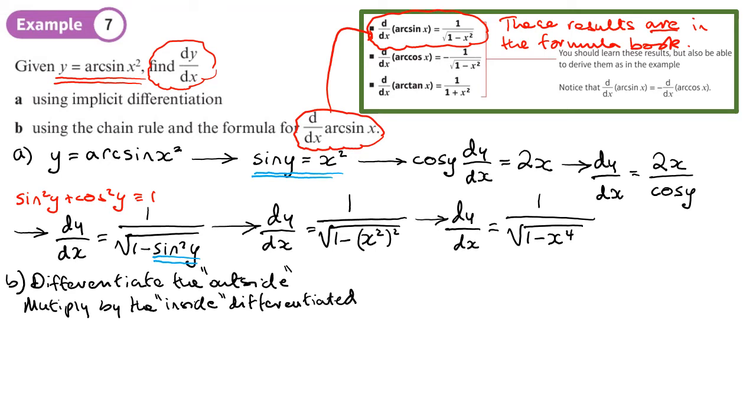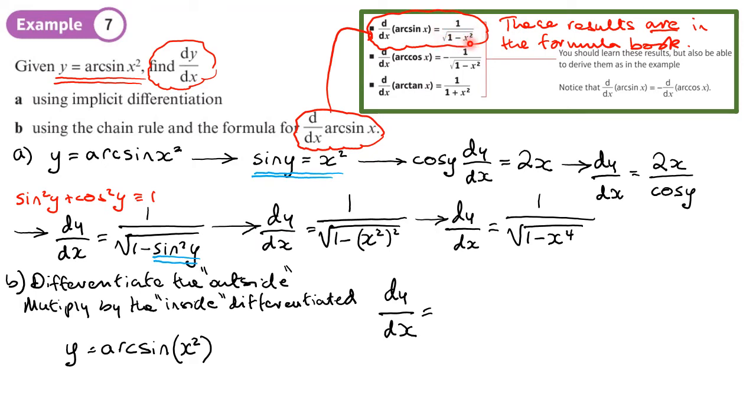Right, so on something like this, the arcsine is the outside and the x squared is the inside. So if we differentiate the outside, which is arcsine, it becomes this 1 over 1 minus x squared.